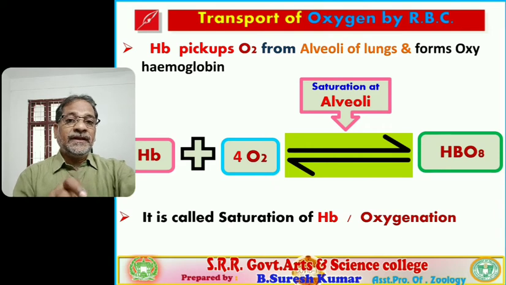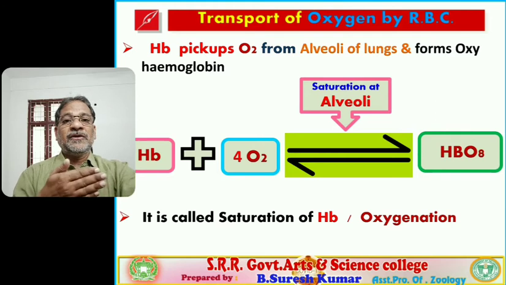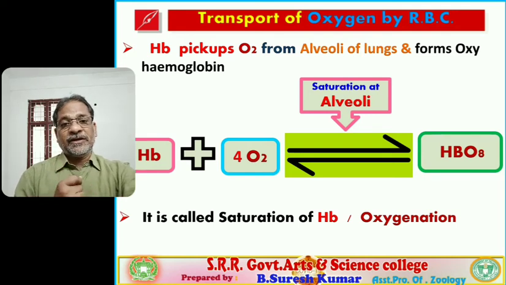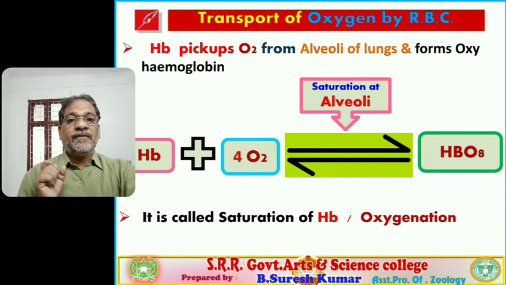If it links with three oxygen molecules, the HbO6 form, this is considered 75% saturation. If it binds with two molecules, that is 50% saturation, and one molecule is 25% saturation.